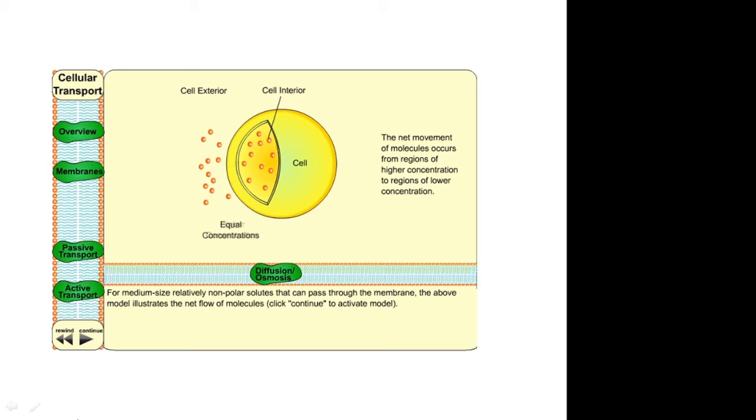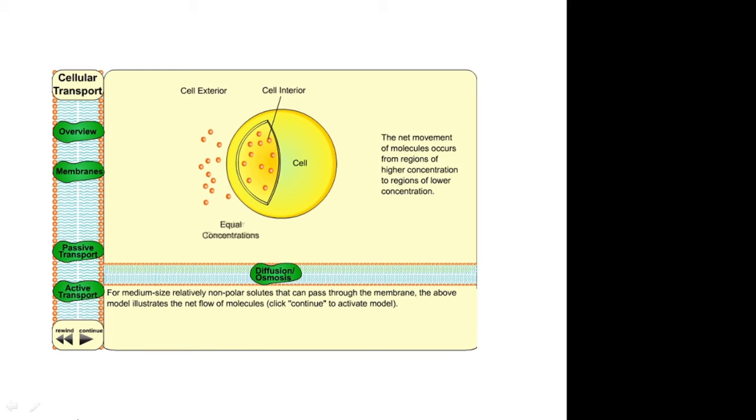The water molecule can also pass through the membrane. This illustrates the flow of osmosis of water across a membrane. The diagram starts with two balloons filled with sugar solution and separated by a sugar-impermeable membrane.